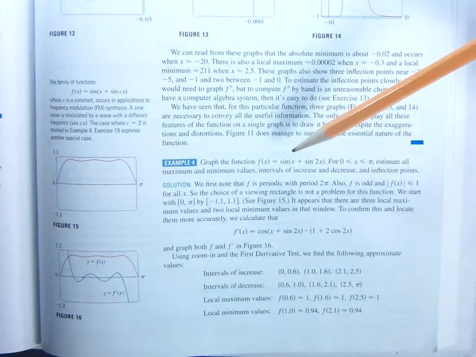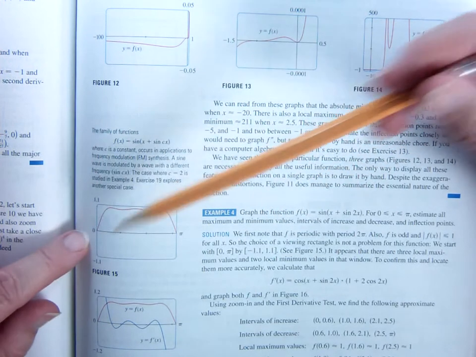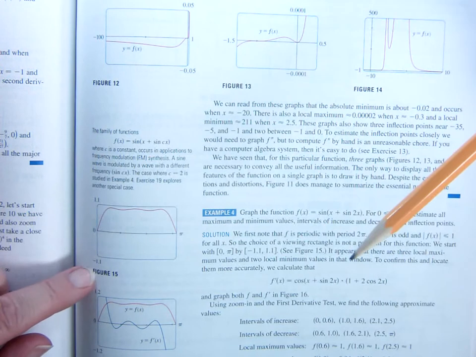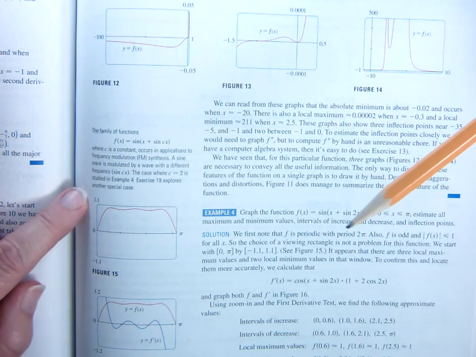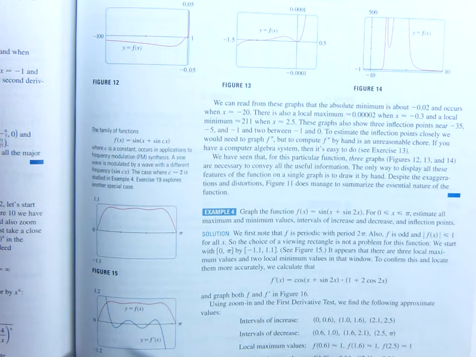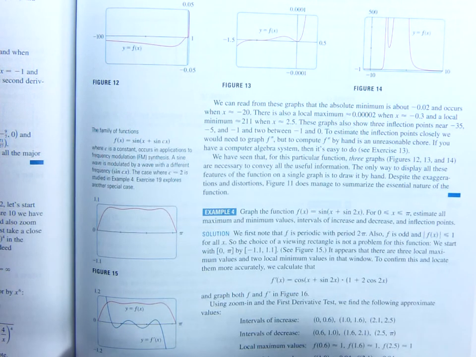Again, example 4, here's a sine function. And over here we have a graph of this from 0 to pi, from -1.1 to 1.1. We can take a look at the first derivative of that function, and that can help me determine where some possible critical points are.